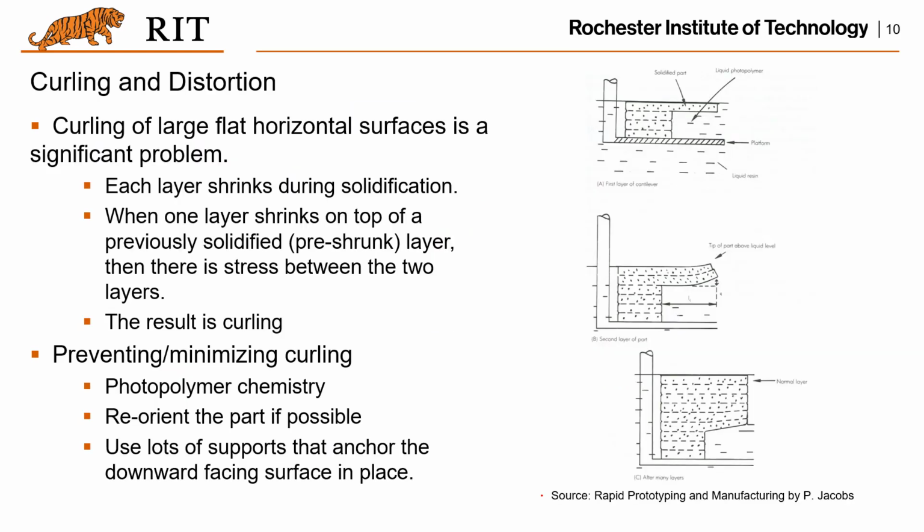So there could be curling and also distortion, as shown in this figure. As we mentioned previously, shrinkage happens, the so-called curing shrinkage. Basically, when the material is cured, there will be shrinkage generated.